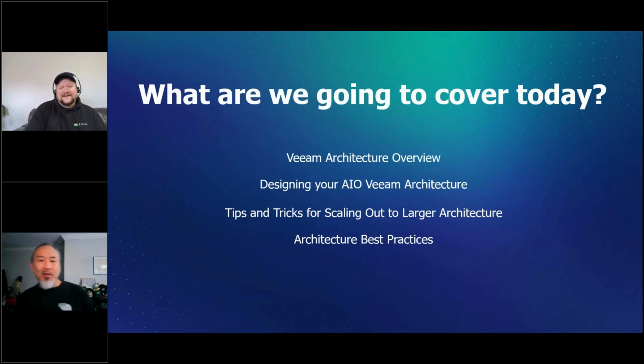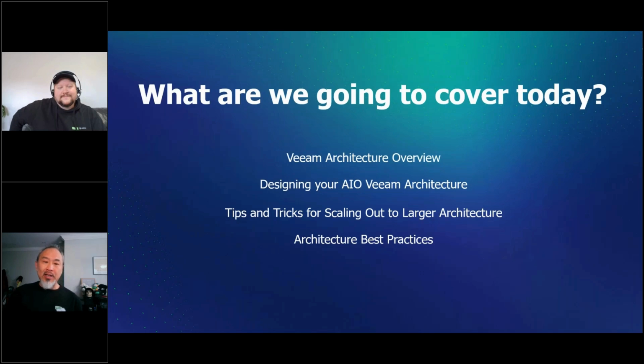First of all, we're going to go over what we're going to cover today. First, a caveat: what we're not going to cover is the Cloud Connect part, because the Veeam Cloud Connect architecture has many different considerations that we won't be covering here. We'll just be talking about the main Veeam Backup and Replication product.